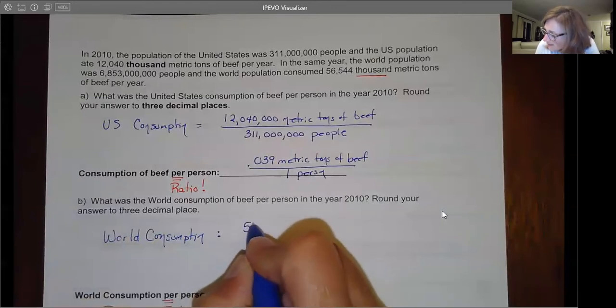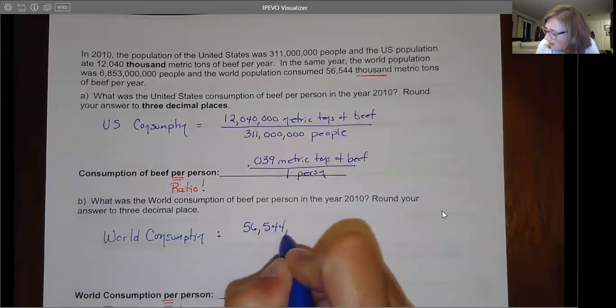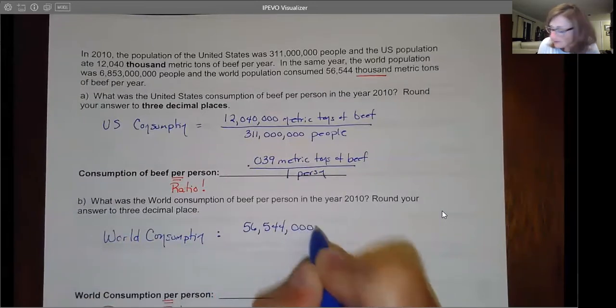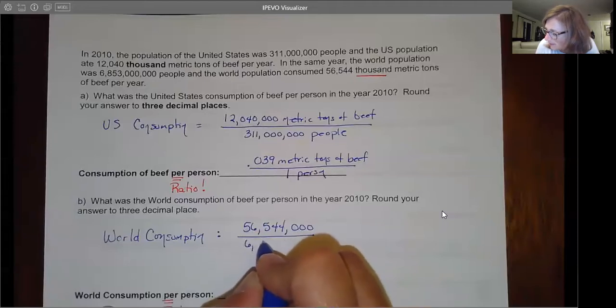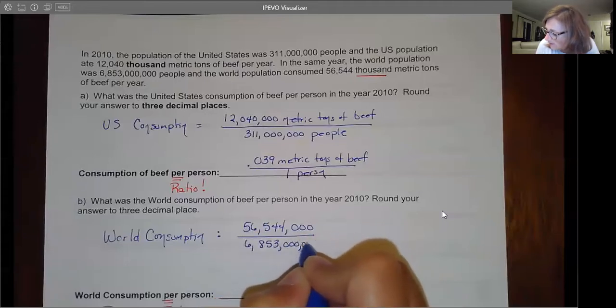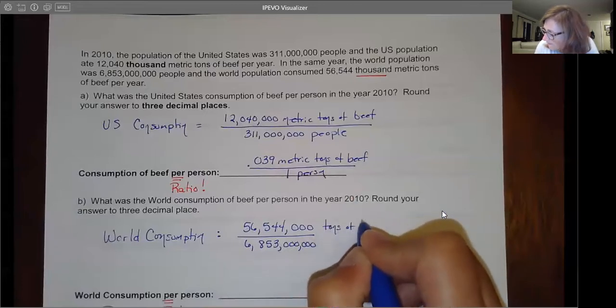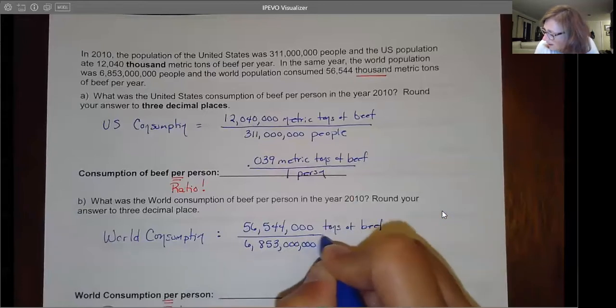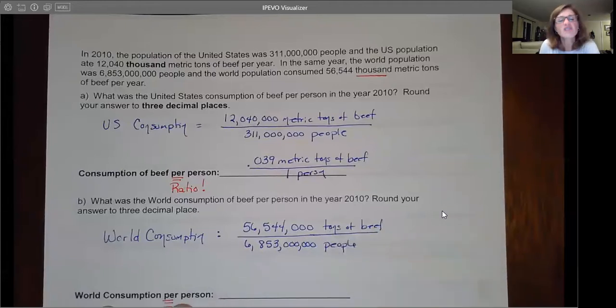So that's the 56,544, and then 1,000 is 3 more zeros. And then the number of people is 6,853,000. So this is tons of beef, right? And this is per total number of people. But they want it for one person. Do you see that? One person.